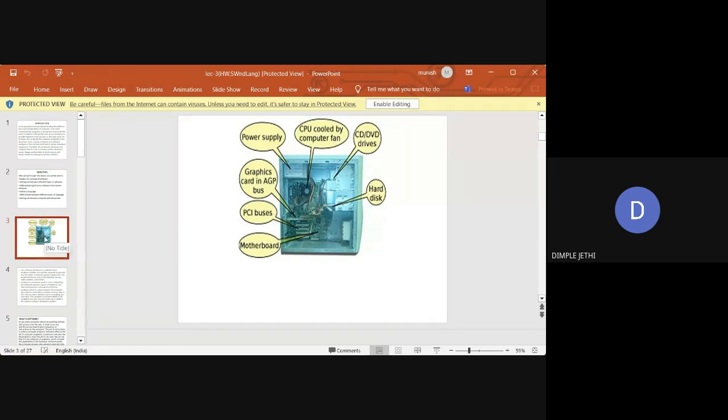Then again, all your hard disk, CD drives, your motherboard, your power supply, your cards, graphic card, sound card, your buses, everything comes under hardware, right? What do you mean by buses? Anyone?